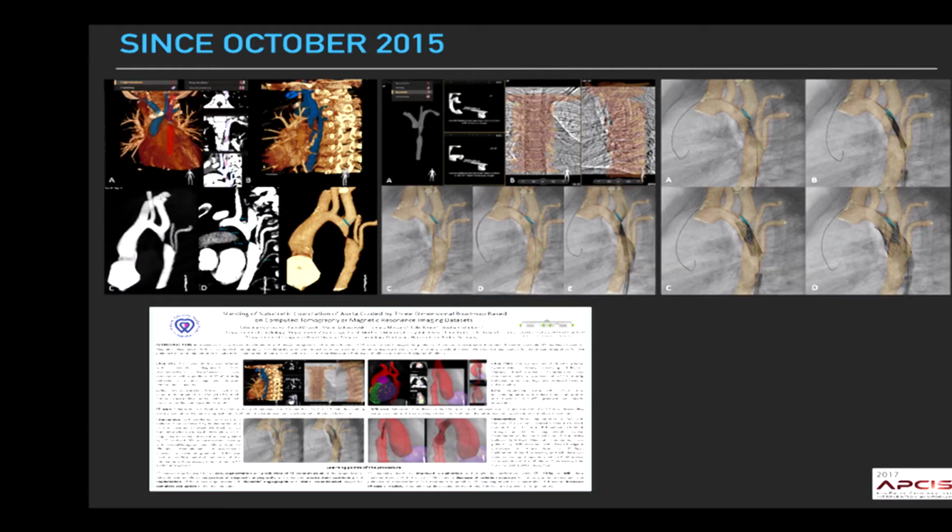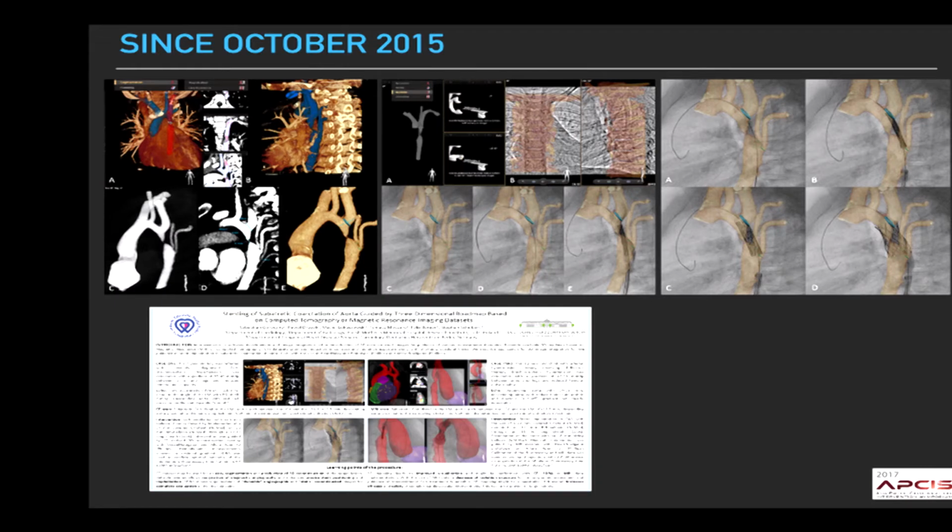And let me take you now to the most recent work that we do, and I briefly mentioned that at the beginning. We started using VESSELNAVIGATOR. So we apply CT or MRI images for guidance of catheter interventions. This is our first case, aortic coarctation. It was presented last year with a group from Berlin.